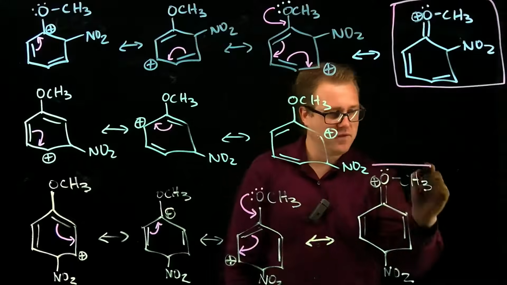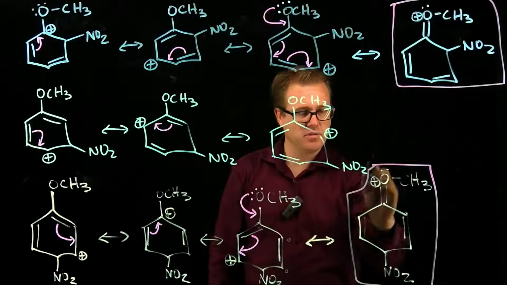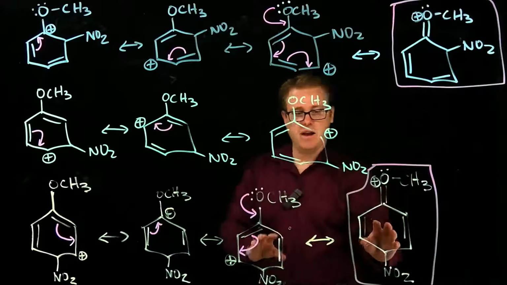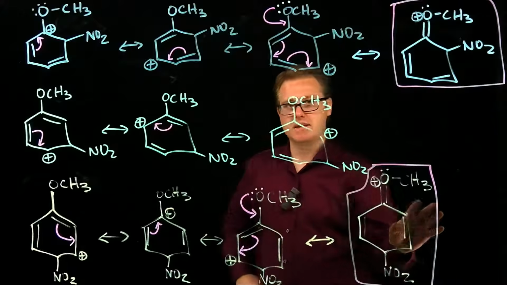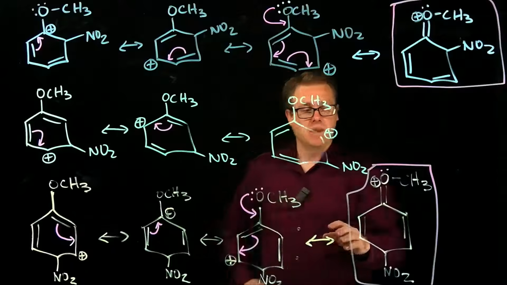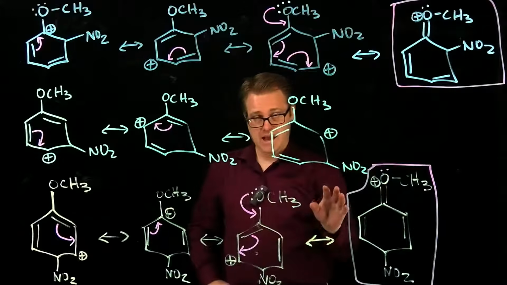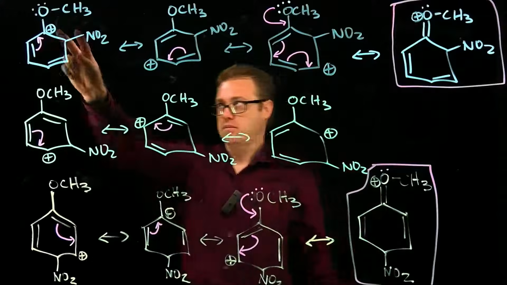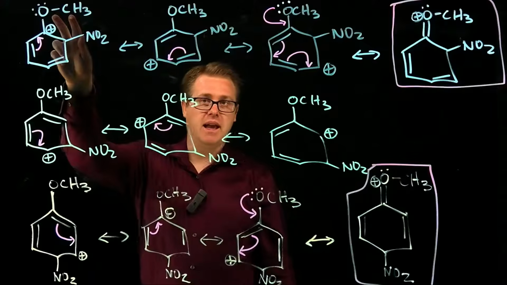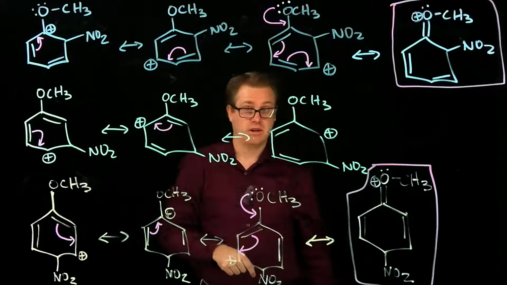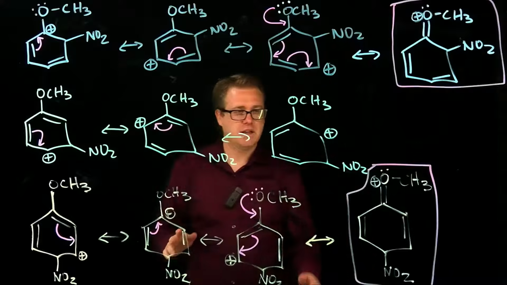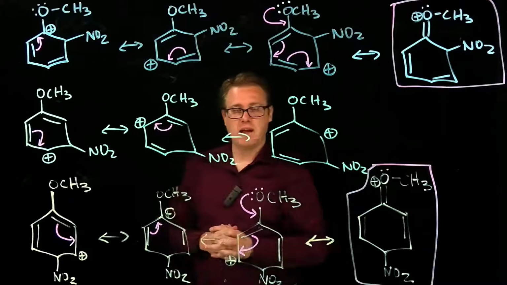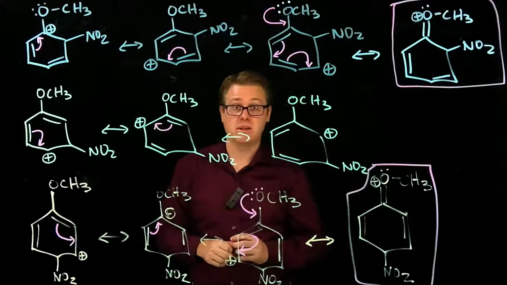So here is the fourth resonance structure for the para position, and it also is very, very stable and stabilizes the sigma complex. And so this analysis helps us to understand why the methoxy group is an ortho-para director. So make sure you understand how to push these arrows and how it helps us understand the stability.